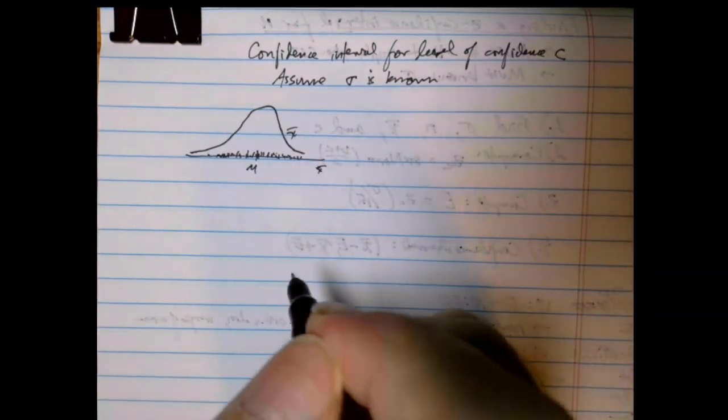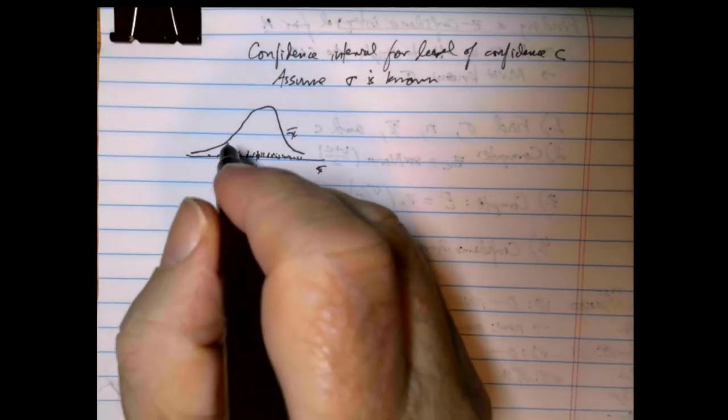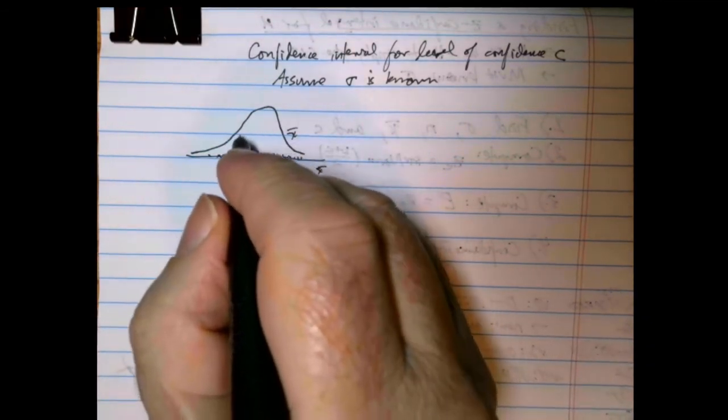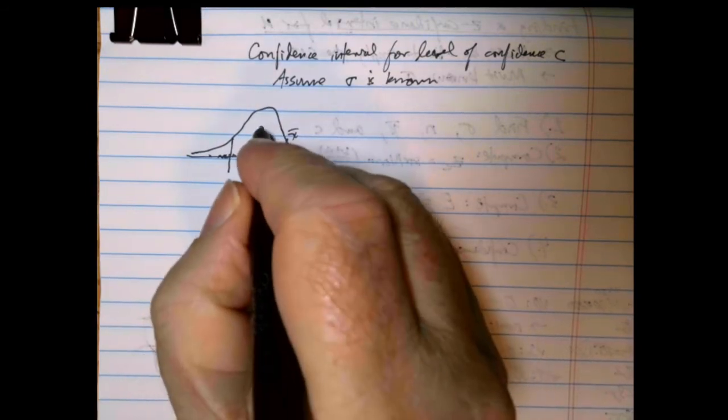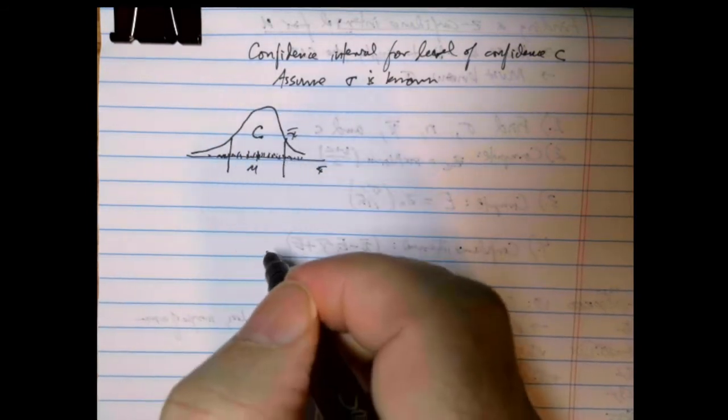Now to get level of confidence C, just like in the things I've done previously, we need the cutoffs for area C in the middle here.